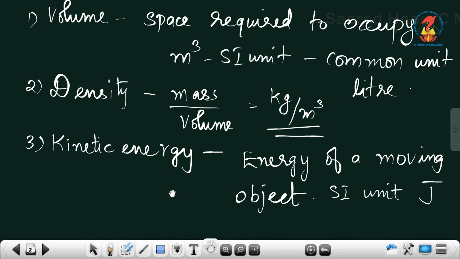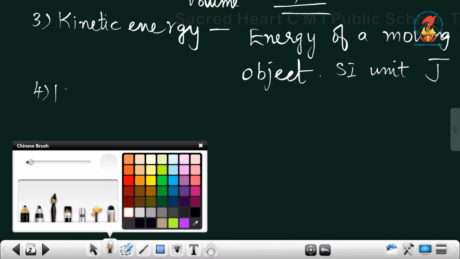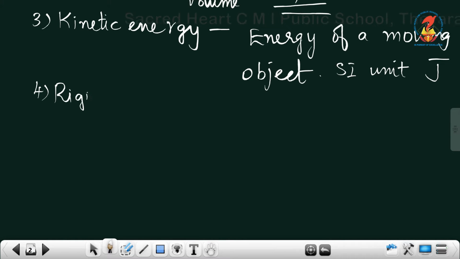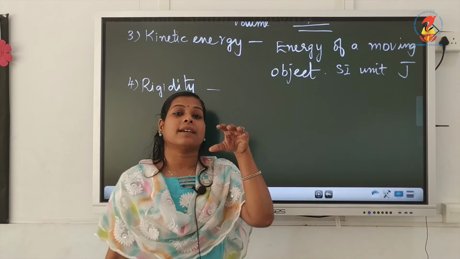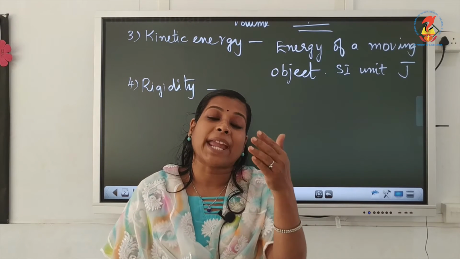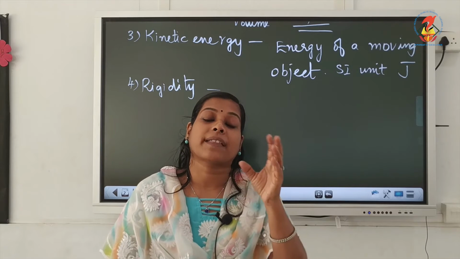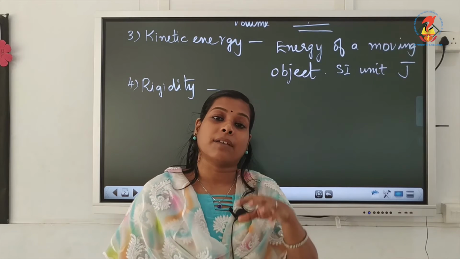Now we can see the next term, that is rigidity. What do you mean by rigidity? Rigidity is the term used for solids. Rigidity means the capacity of a material to maintain its shape even after the application of a force.